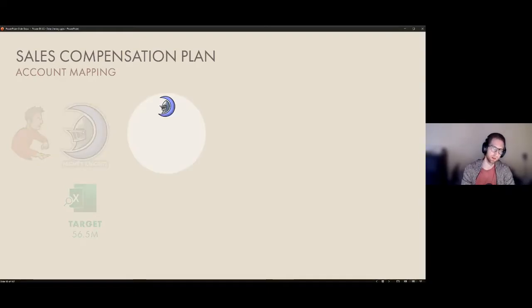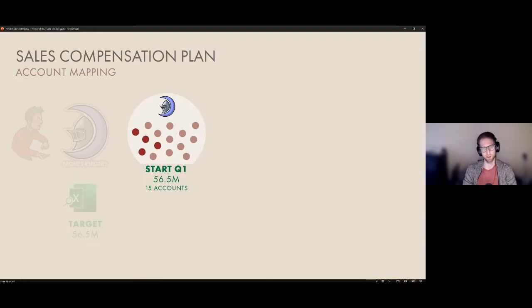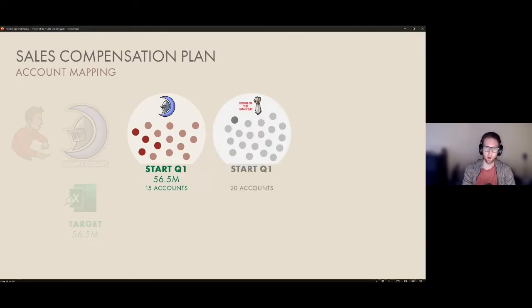What happened, however, is that he, at the beginning of the quarter, was only responsible for 4 of the 15 accounts in Nights. What happened is that Nights actually acquired another legal entity, which he's not responsible for. He didn't see this. But remember, the targets are defined at the key account level.